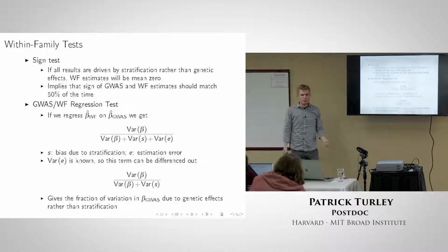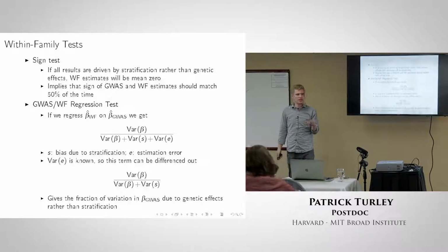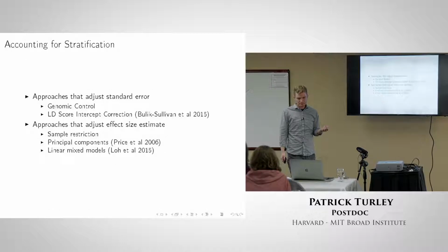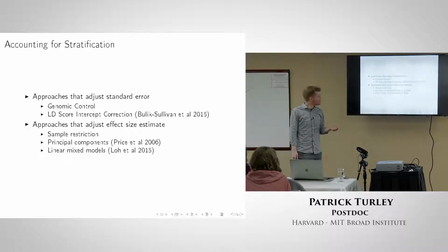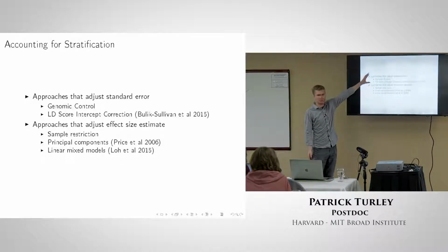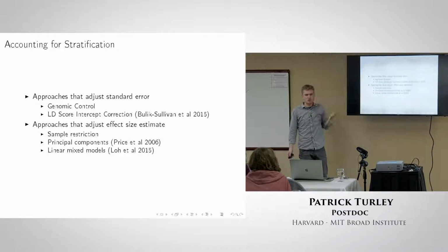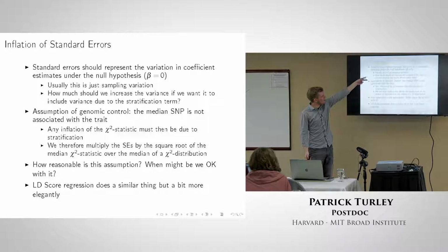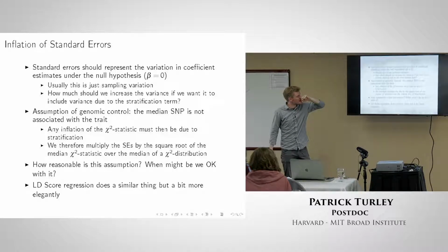And so let's talk about ways to address stratification that may exist in your sample. I like to think of it as two classes of approaches that address stratification. There are some that just adjust the standard error but don't do anything to your beta estimates. And there are some that actually will be procedures that cause your betas to be different.